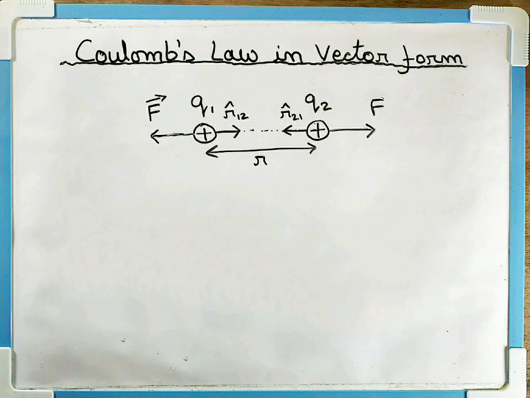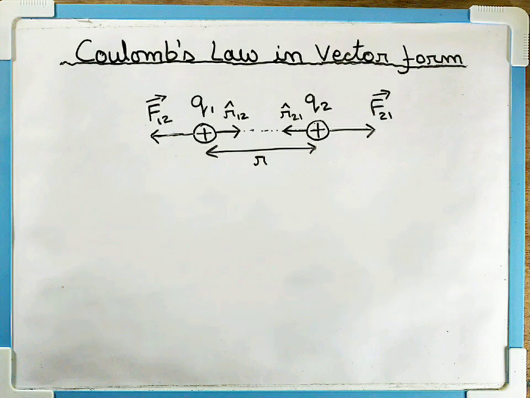F vector, and say this force on Q1 is the force experienced by the charge Q1 due to charge Q2, or the force exerted on the charge Q1 due to Q2.